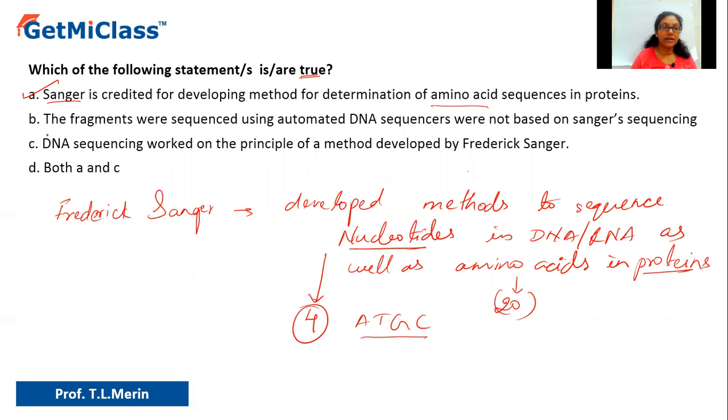That is absolutely right. Option B says fragments sequenced using automated DNA sequencers were not based on Sanger sequencing, which is incorrect. Because once Sanger developed the sequencing method, the same method was used for automated DNA sequencers.